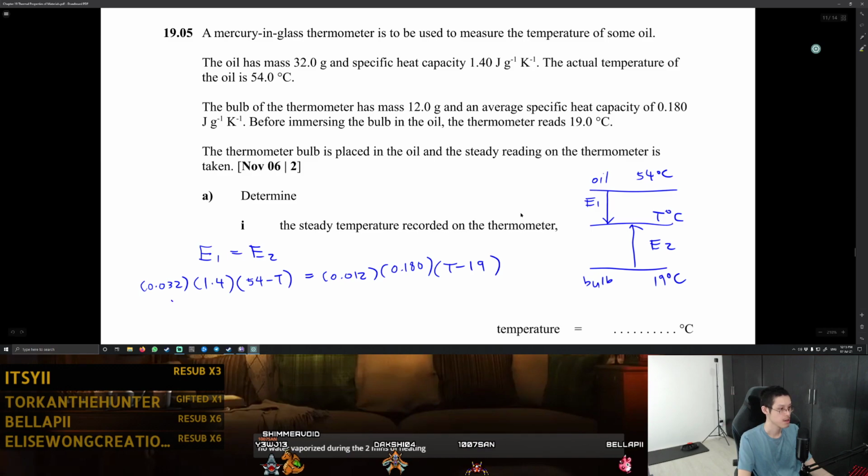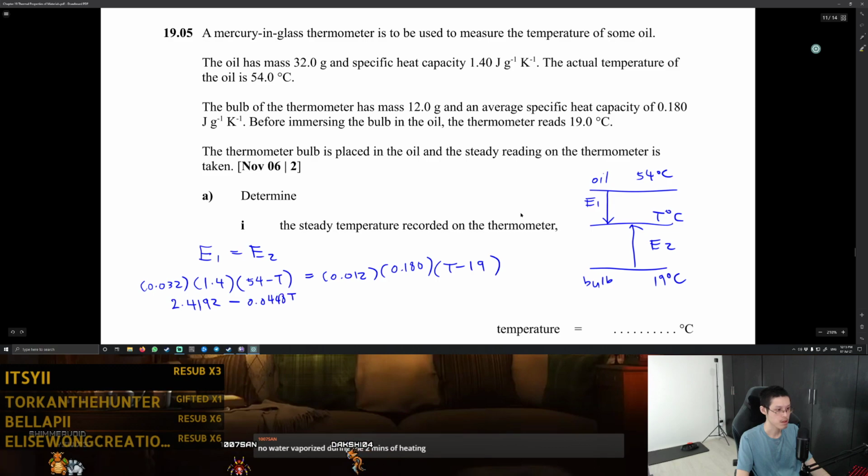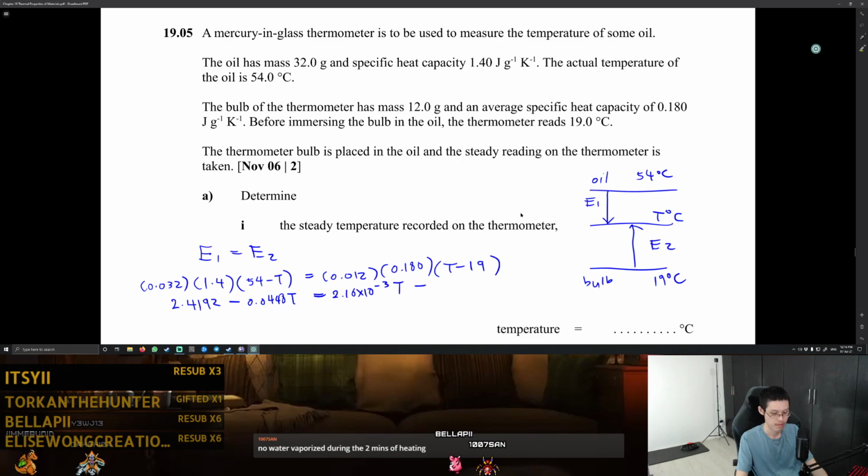We get 2.4192 minus 0.0448 T, equals 2.16 times 10 to the power minus 3 T minus 0.04104.